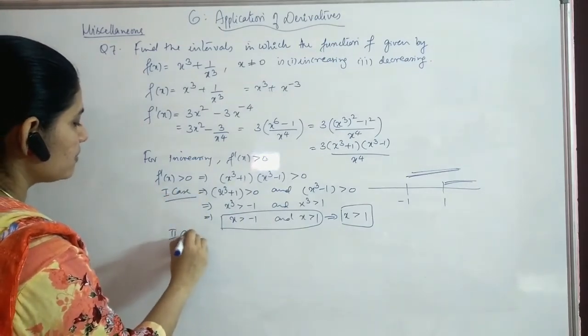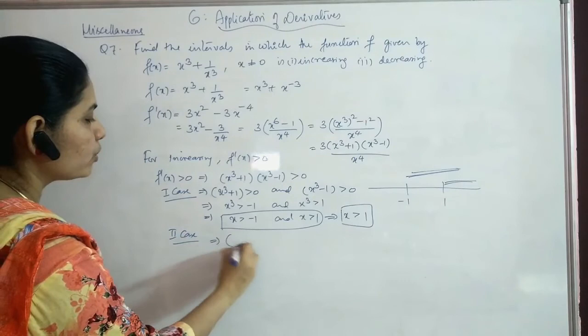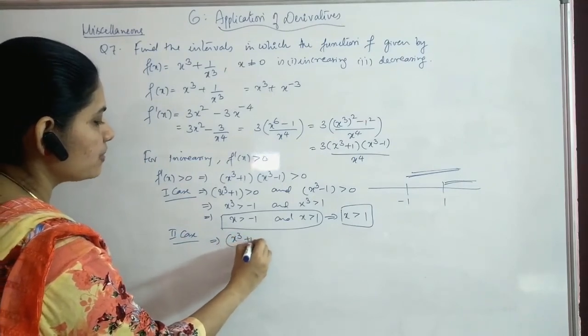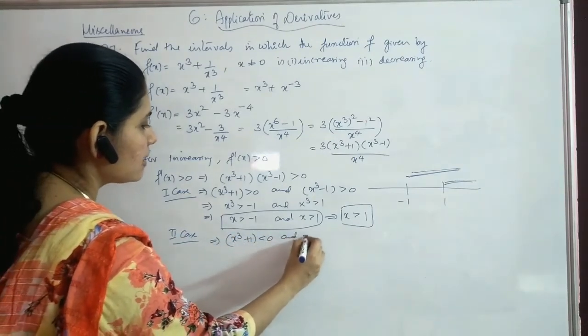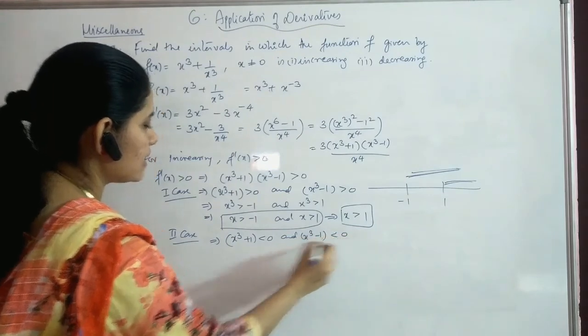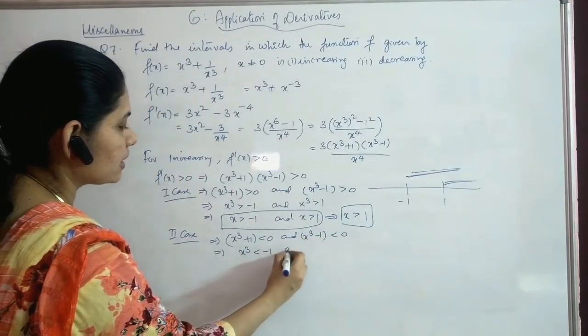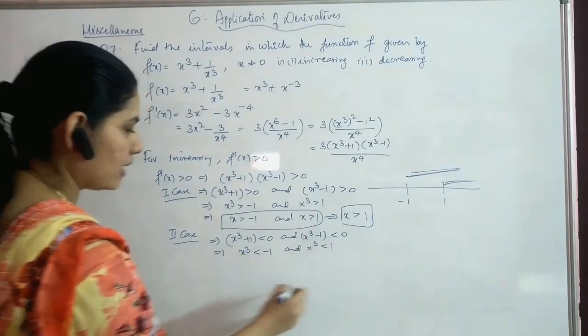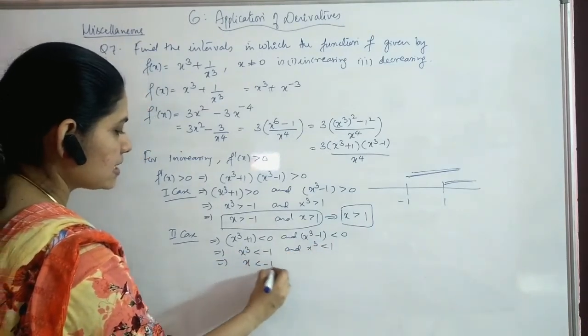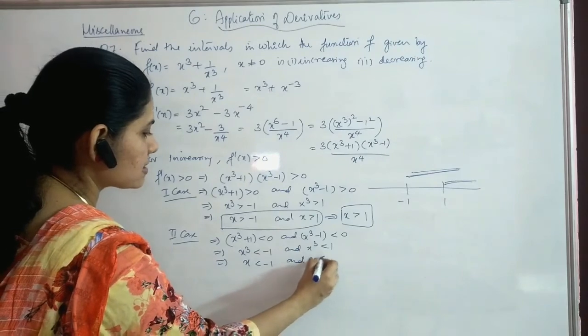And the second case is when both are less than 0. That is x cube plus 1 is less than 0 and x cube minus 1 is less than 0. That is x cube is less than minus 1 and x cube is less than 1, or x is less than minus 1 and x is less than 1.